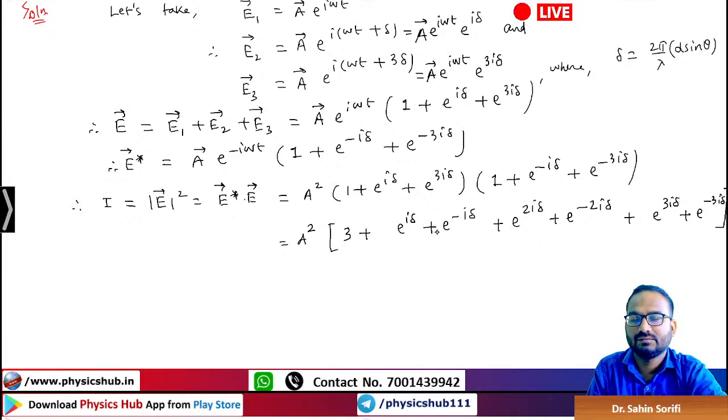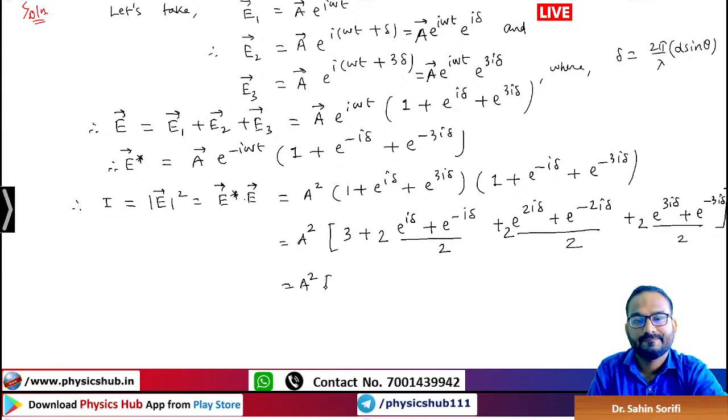Now we have taken these terms in this way so that we can divide by 2 and multiply by 2 for each pair.